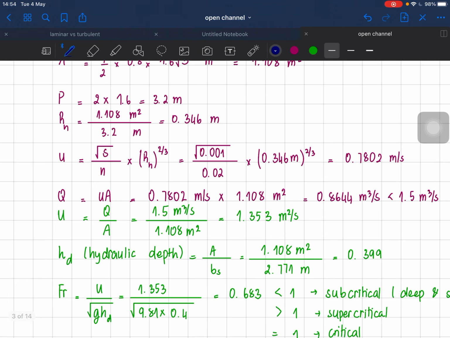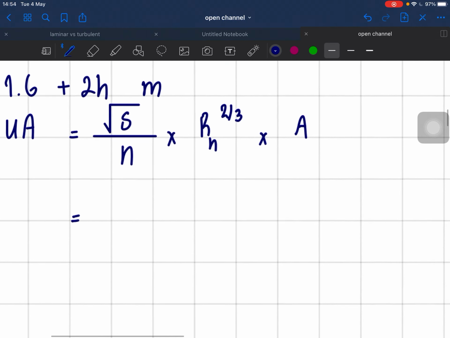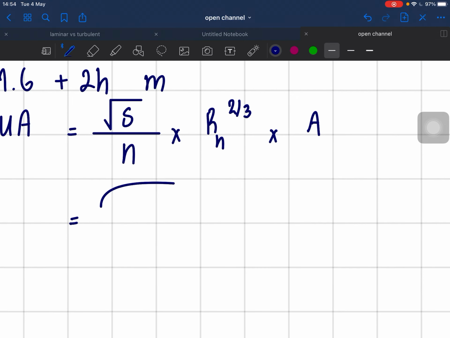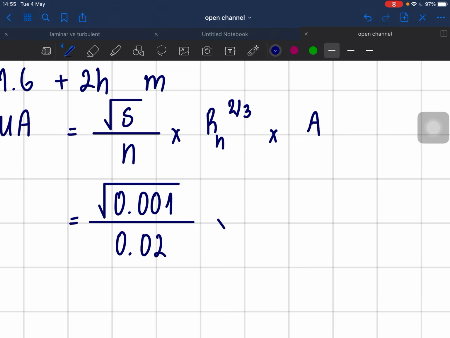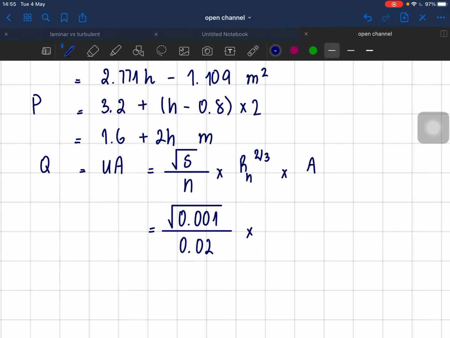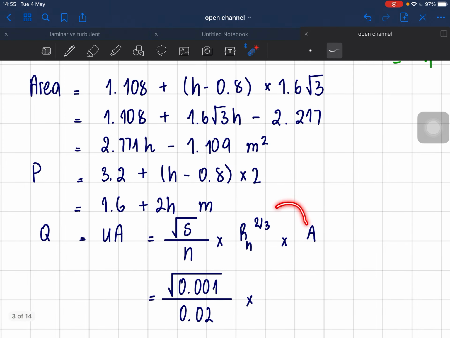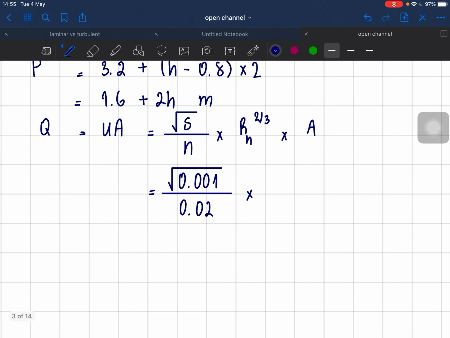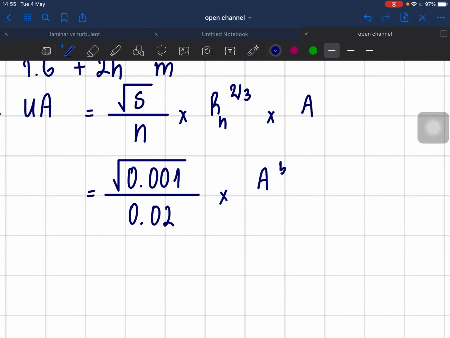This number here, 0.0001. Oh, what a nice parabola. 0.001 over 0.02, times, so basically R is from A over P, right? So A can be a factor inside this one. We can get A to the power 5 over 3, and down here it's P to the power 2 over 3.